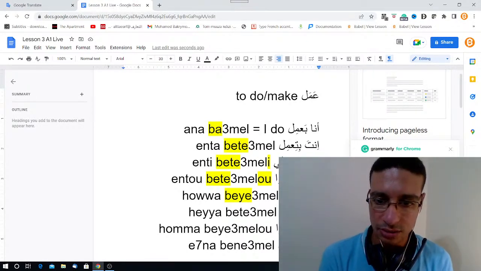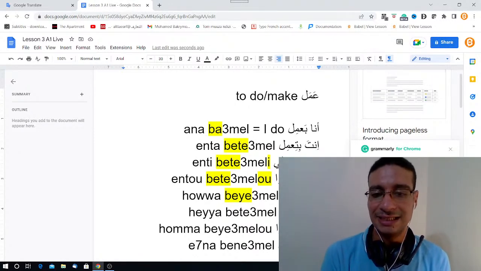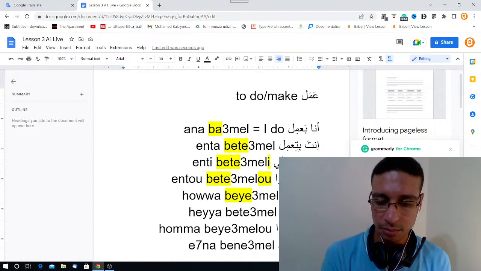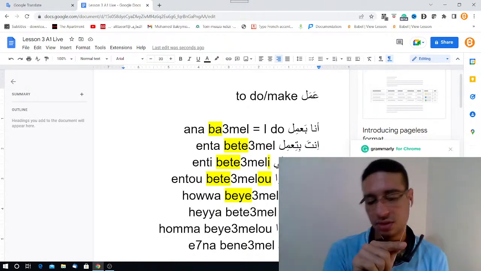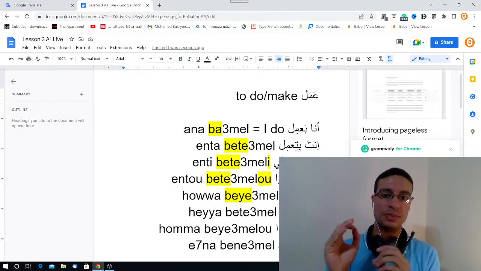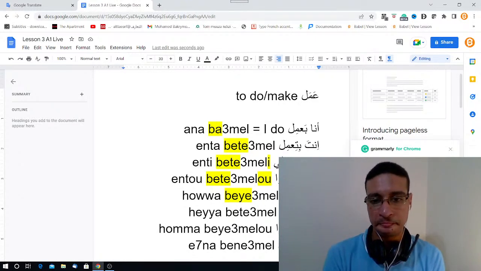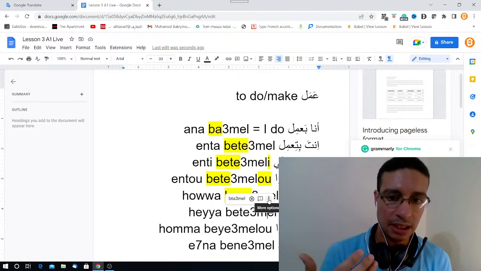Here they are under this line. So this is ya. So بيعمل, and then we have here this line under the mim. This means this is kasra. This means that the pronunciation is i, بيعمل, not a. So بيعمل, this is he, هو.